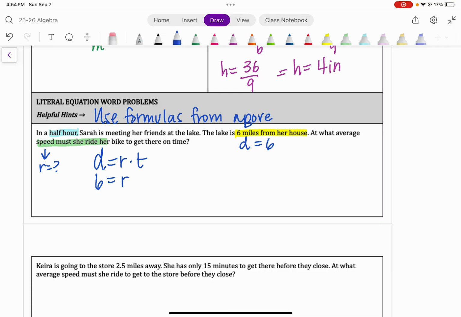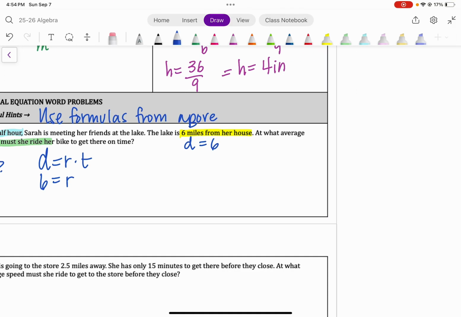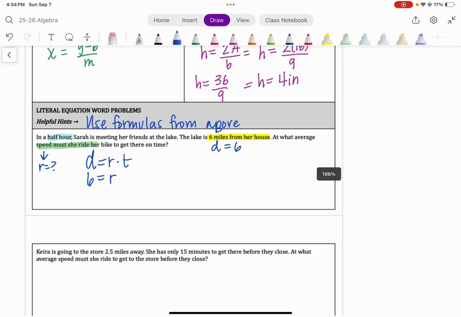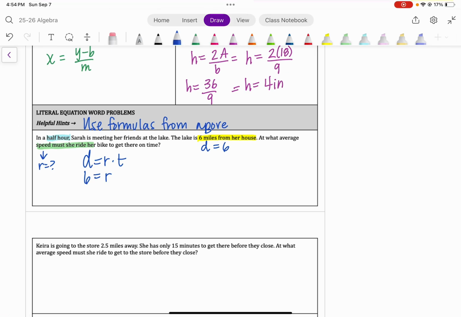And the time, if we have distance, rate, and time, we measure that in miles per hour. So if we have a half an hour, that's going to be the decimal 0.5. So I'm going to use that for the time.